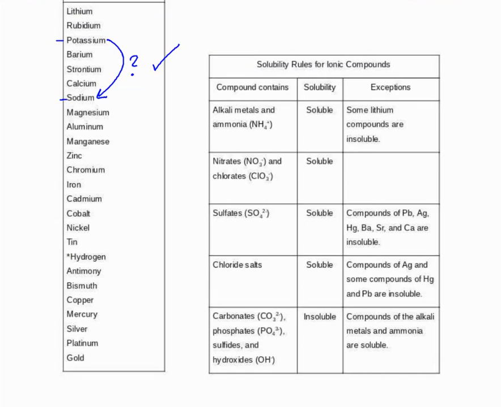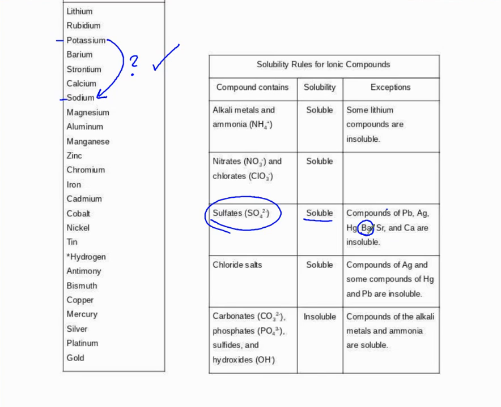And so we're looking through this first column. It says compound contains. And we're looking at each of these. We're looking for sulfates, SO4 2-. So then I look over one row, and it says it's going to be soluble. So we should be okay here. But then we always have to check the exceptions.